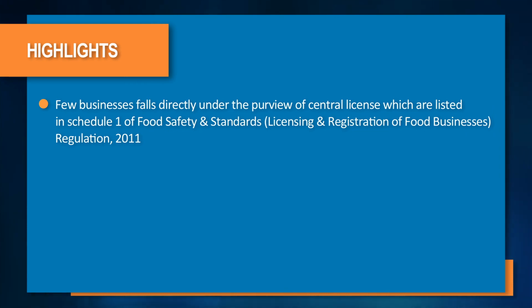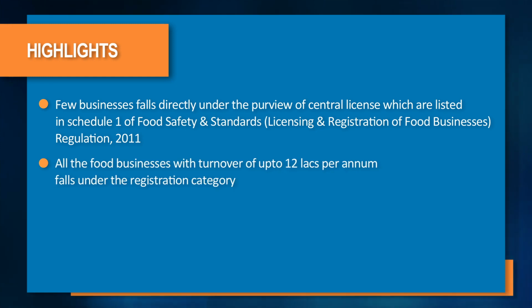Few businesses fall directly under the purview of central license, which are listed in Schedule 1 of Food Safety and Standards, Licensing and Registration of Food Businesses, Regulation 2011. All the food businesses with turnover of up to Rs 12 lakh per annum fall under the registration category.